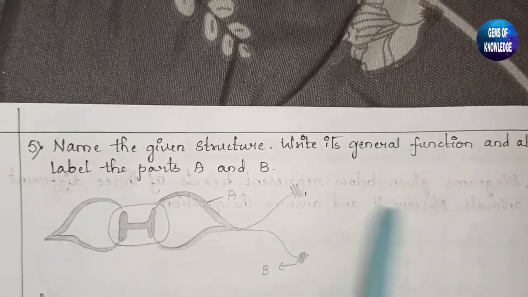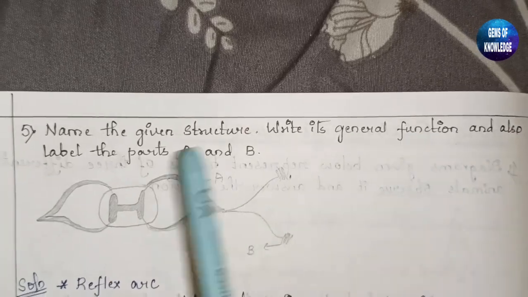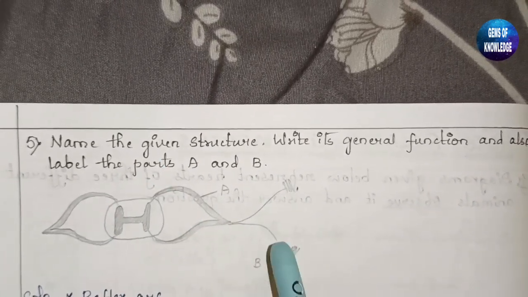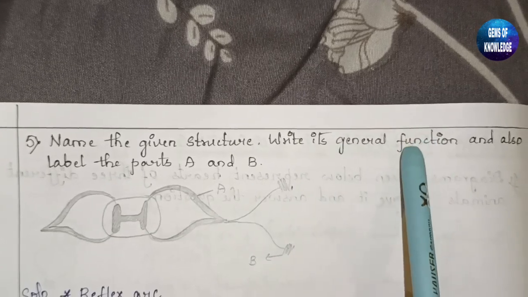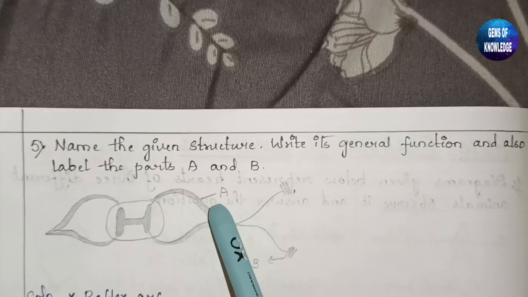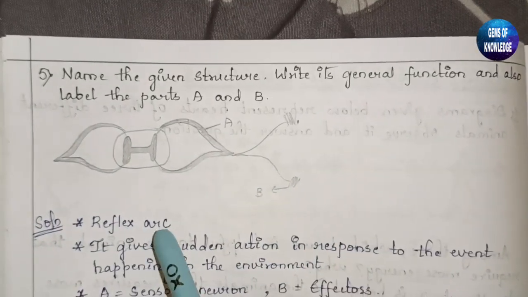The next question: name the given structure, write its general function, and also label the parts A and B. You need to write the function of this structure and label this part as A and this part as B. This is the structure of a reflex arc.